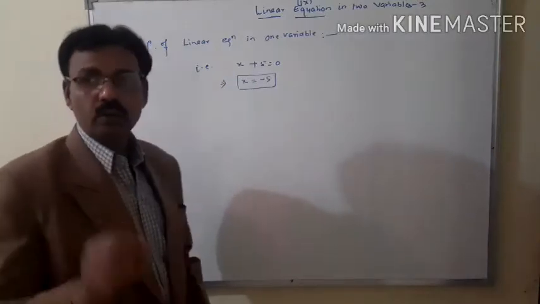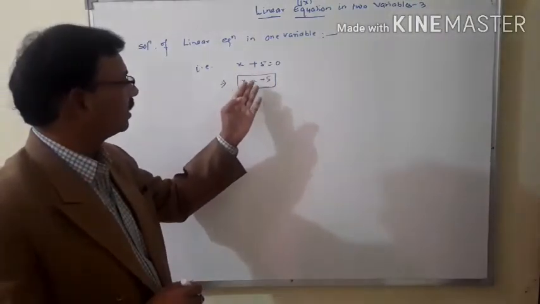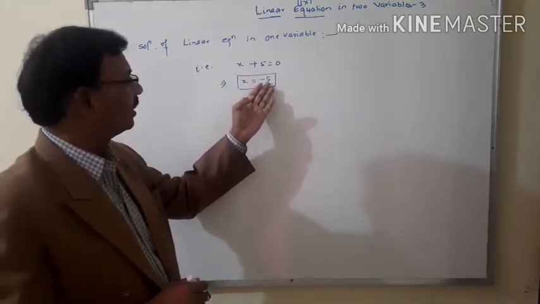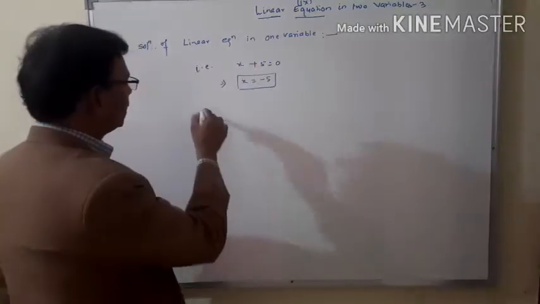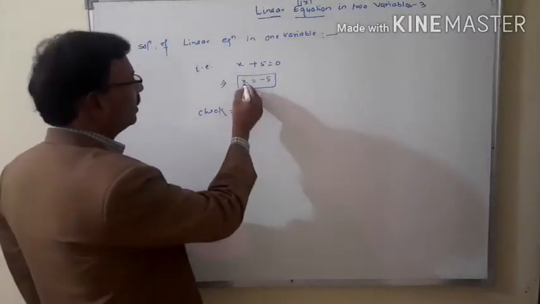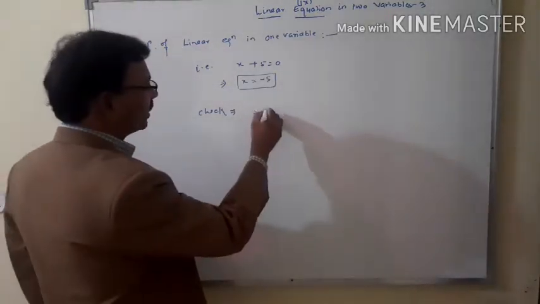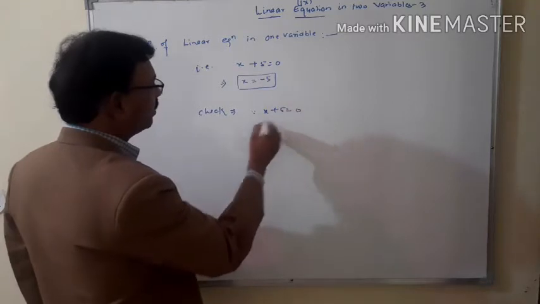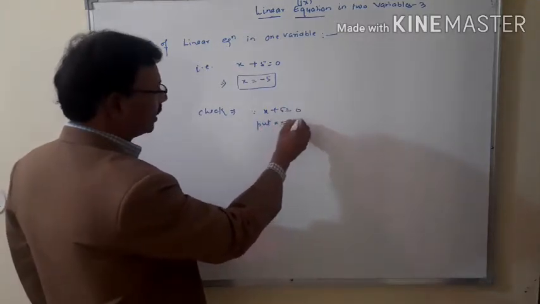Now, how to check that this is the solution of this equation? For the check, we should put x equal to minus 5 in this equation. Since the equation is x plus 5 equal to 0, put x equal to minus 5.